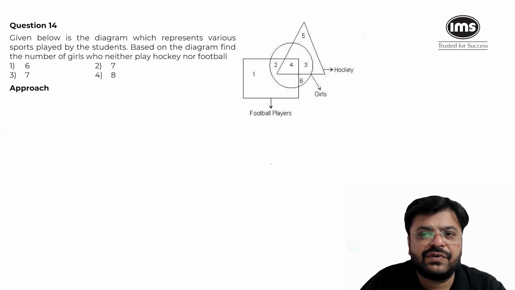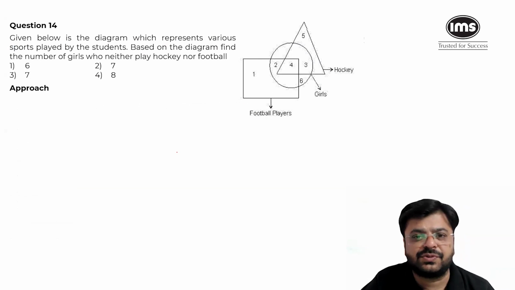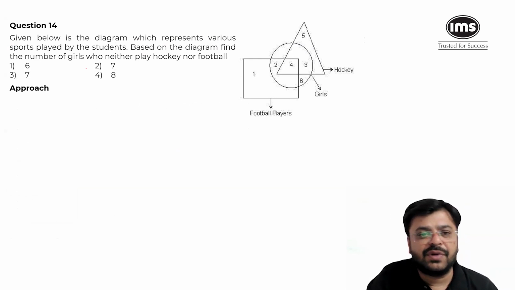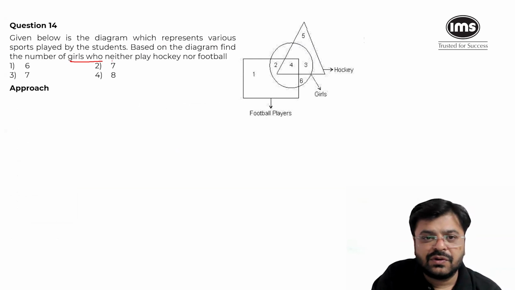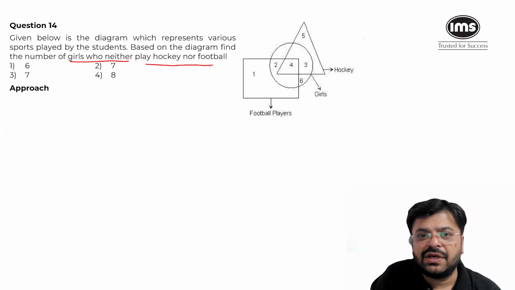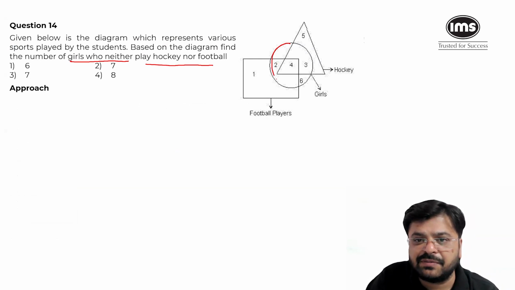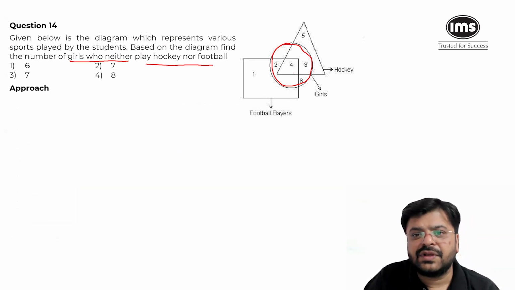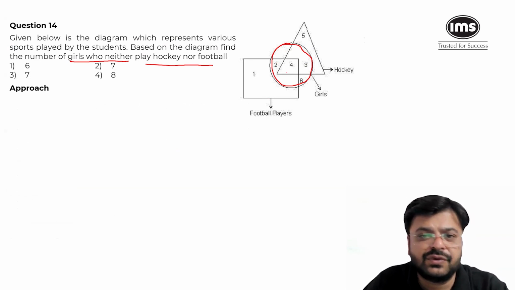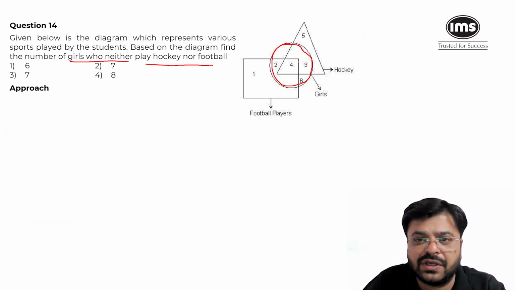Given below is a diagram which represents various sports played by the students. Based on the diagram, find the number of girls who neither play hockey nor football. So the number of girls is represented by this circle. And we are looking for those girls who play neither hockey, which means they should not be a part of this triangle. So we'll cancel this part.